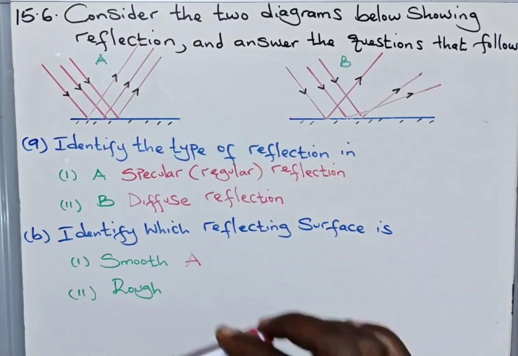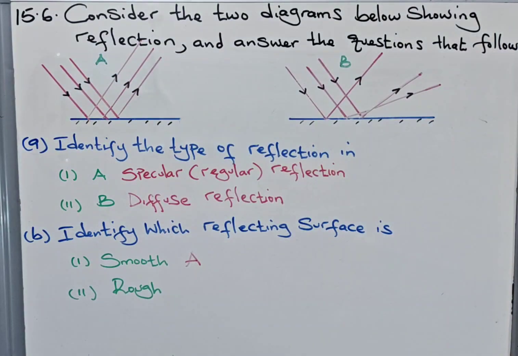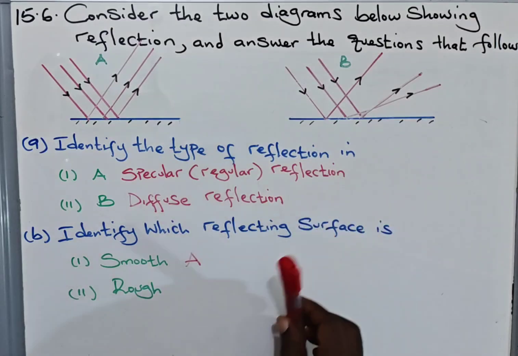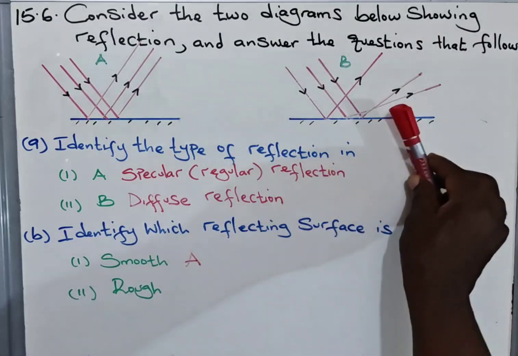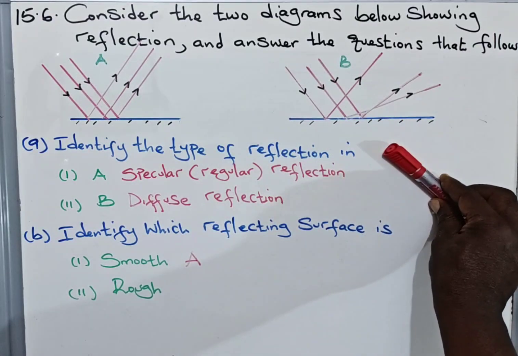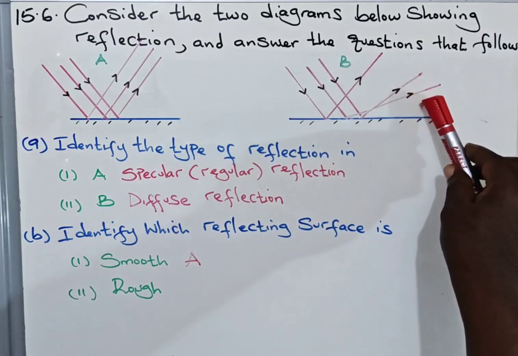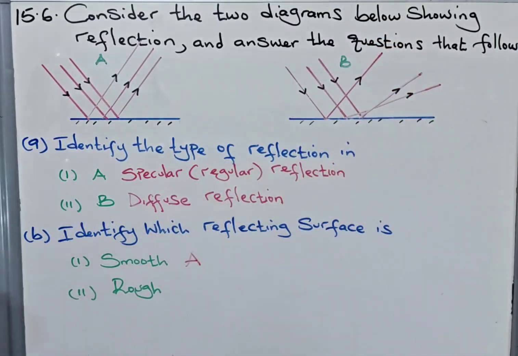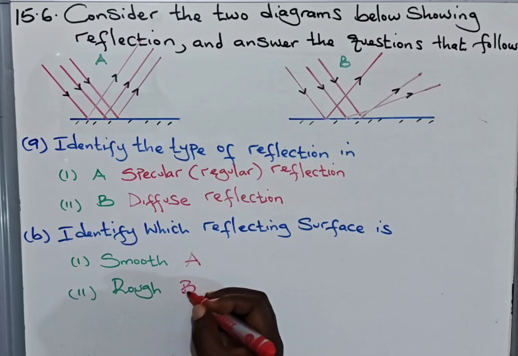So a parallel incident beam results into a parallel reflected beam. And which surface is rough? Is B. B is rough. And that explains why the rays are reflected in different directions. So it's B.